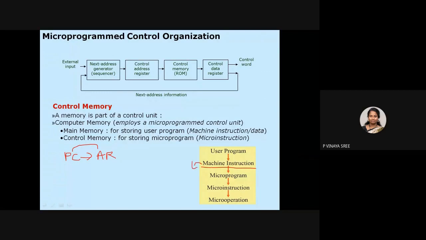If you know this, then you can understand the microinstruction format. Soon after the address is given to the address register, the program counter is incremented by 1, program counter plus 1. Then the address register is given to the instruction register, and the instruction register again to the data register. This is the flow, right?